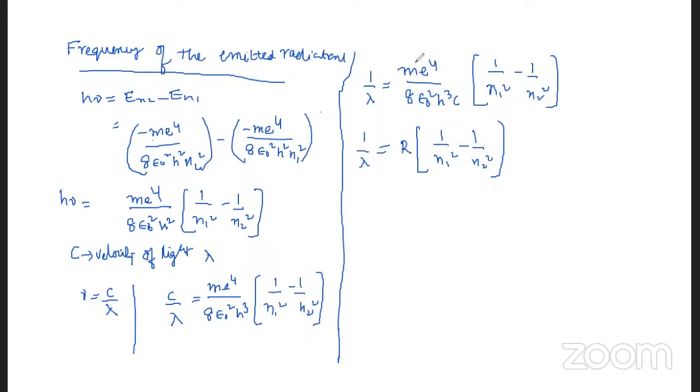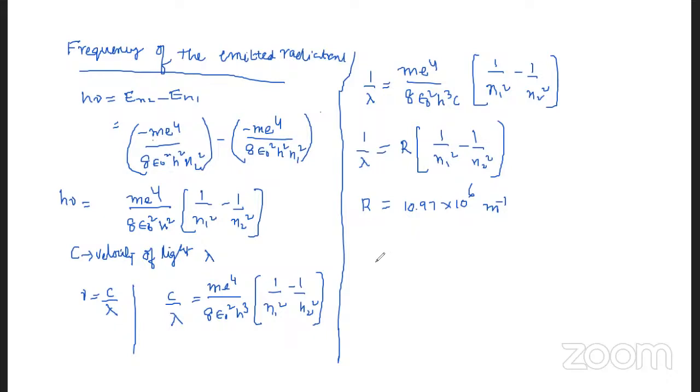This is the Rydberg constant, and we know the Rydberg constant value R is 10.97 into 10 to the power of 6 m minus 1.